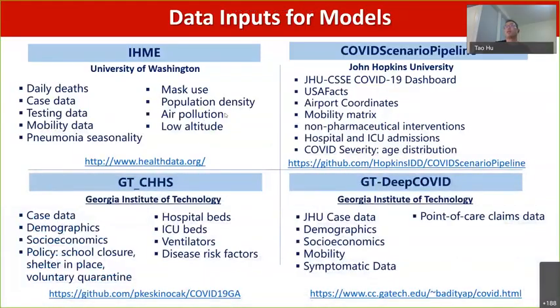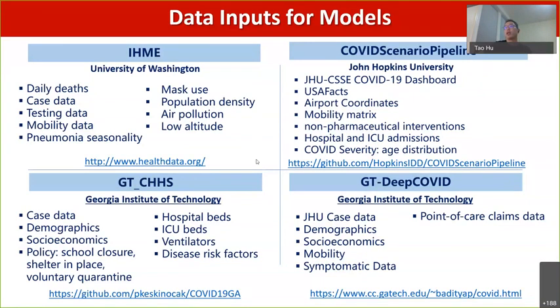So here are several examples. These are data sets used for different models. Like the IHME, the COVID scenario pipeline from Johns Hopkins University, and also Georgia Tech have two models here. So these four models employ the cases data, including the confirmed cases and also the death cases from the Johns Hopkins University dashboard, and some of them from USAFacts.